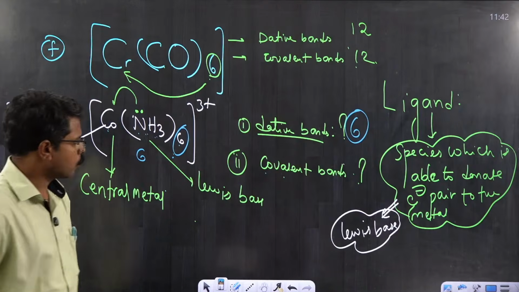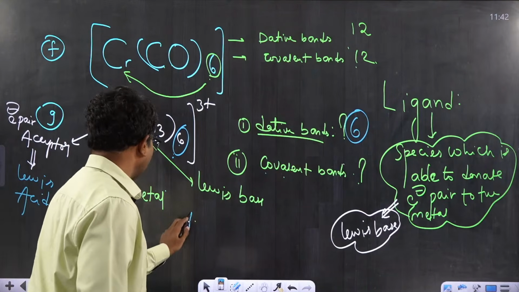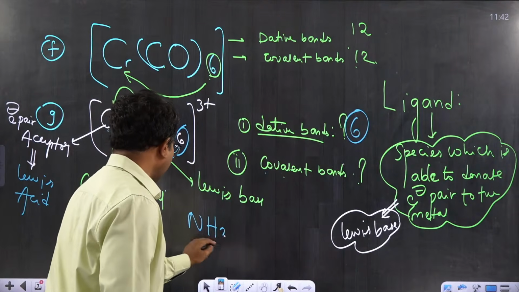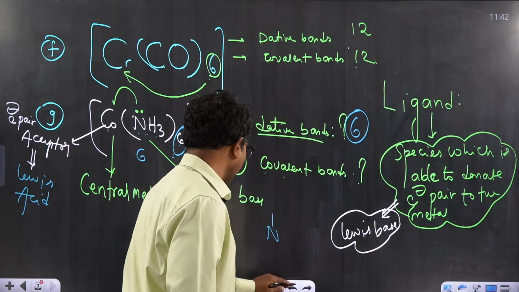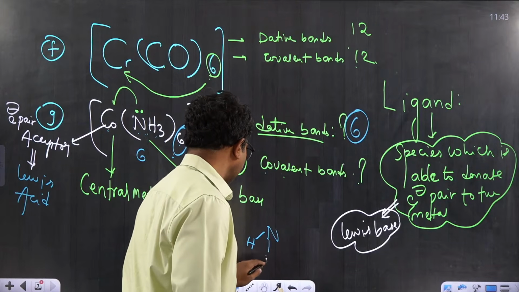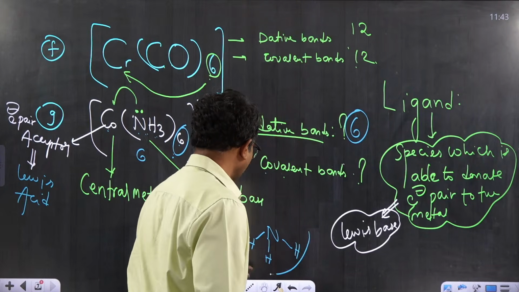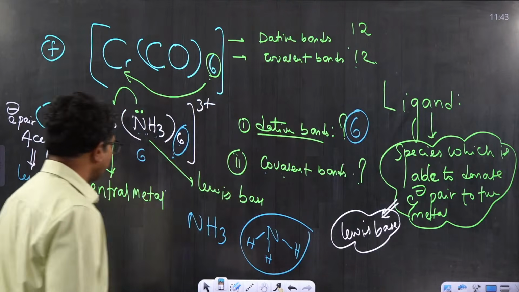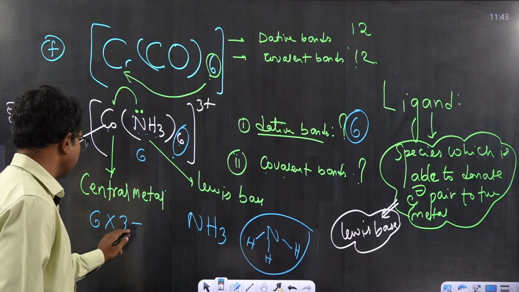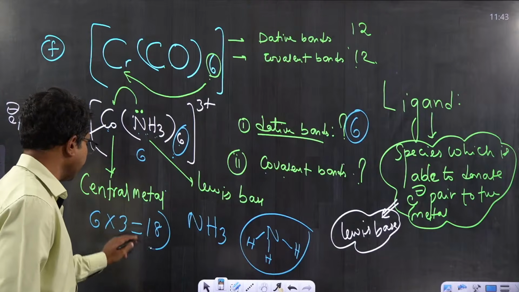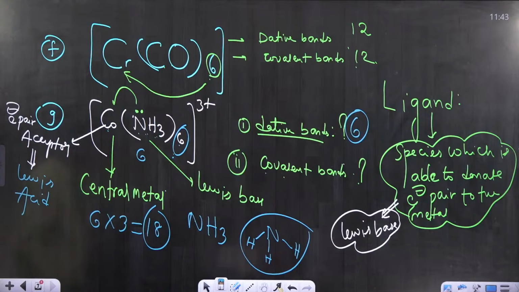Okay. Now the total number of covalent bonds. In ammonia, how many covalent bonds are present? In ammonia, 3 covalent bonds are present, right? Each ammonia has 3 covalent bonds, and with 6 ammonia we have 6 times 3. In total 18 covalent bonds are present.